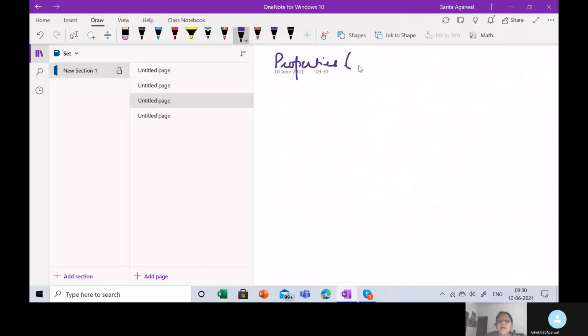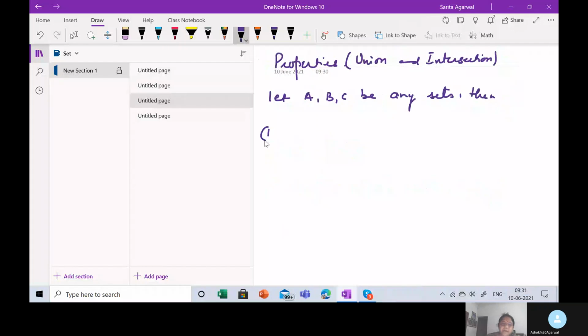Let A, B, C be any sets. Then the first property is A union B equal to B union A. It's the commutative law. Union satisfies the commutative property.